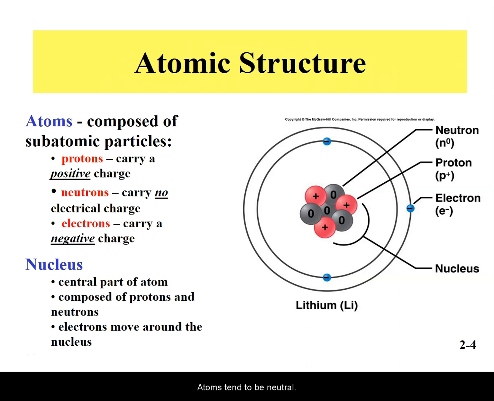Atoms tend to be neutral. Can you use a name and the charge of the particles to describe a neutral atom? That would be the number of negative electrons equals the number of positive protons. And can you tell us where those particles are found?